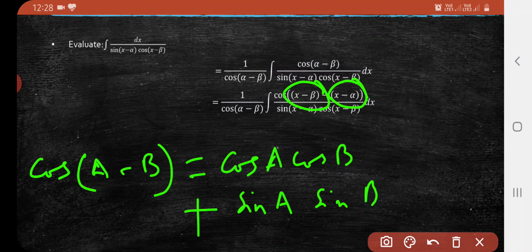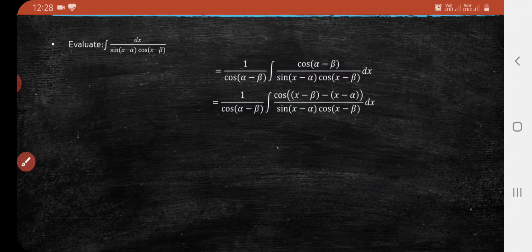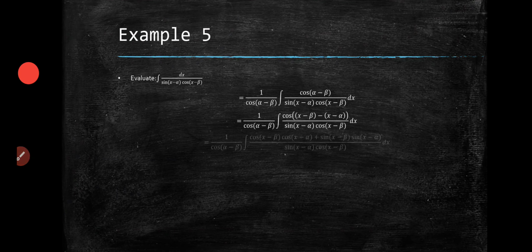So this is basically the formula that we are going to make use of. So let us do it. So in the next step, this is what we have: cos a cos b plus sin a sin b. Right? Now you can see, you can cancel out the numerator and the denominator, and we have something here.